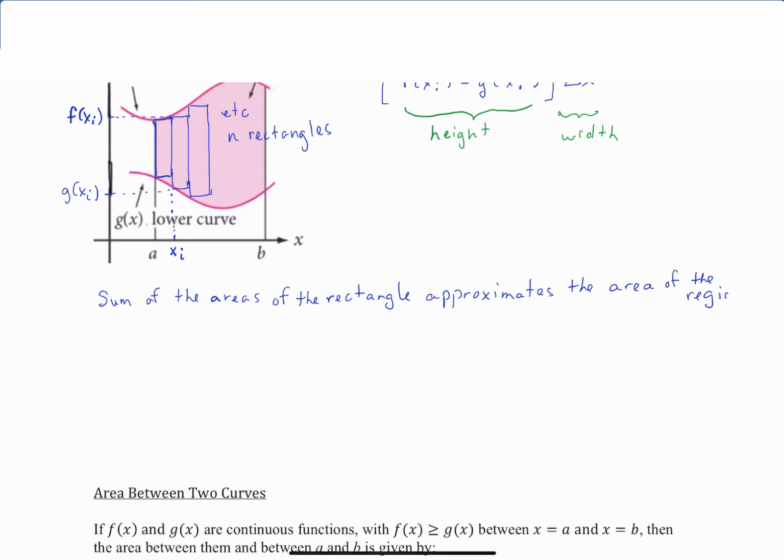The region we want, that region that's pink in the picture. We called the sum of the areas of n rectangles R sub n, that's a Riemann sum.